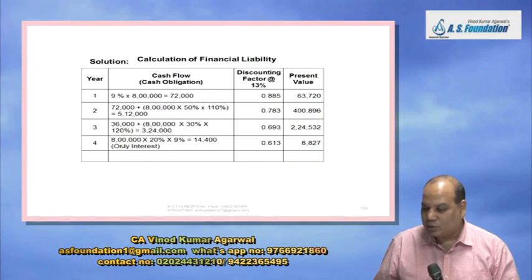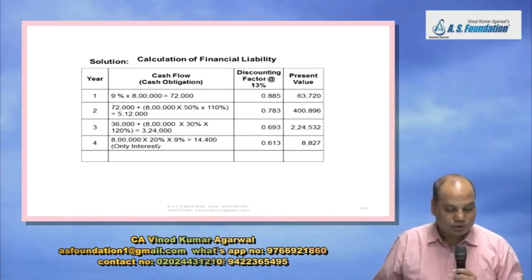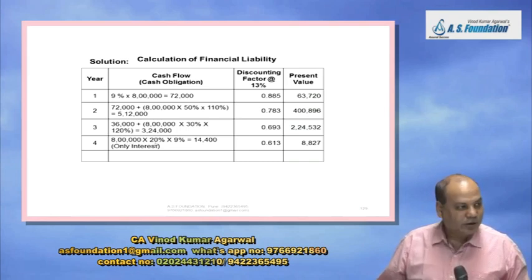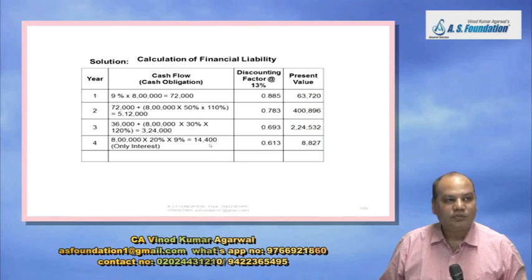And last year only interest, because 20% is mandatory conversion. So interest will now be paid on 8 lakh, 20% is remaining only, 80% is already redeemed, at 9%. Are you getting 14,400 interest in the last year?